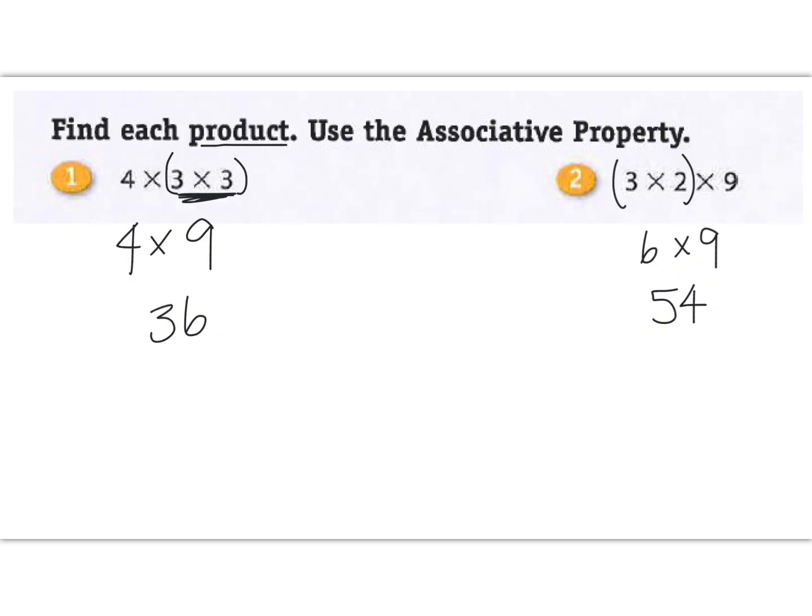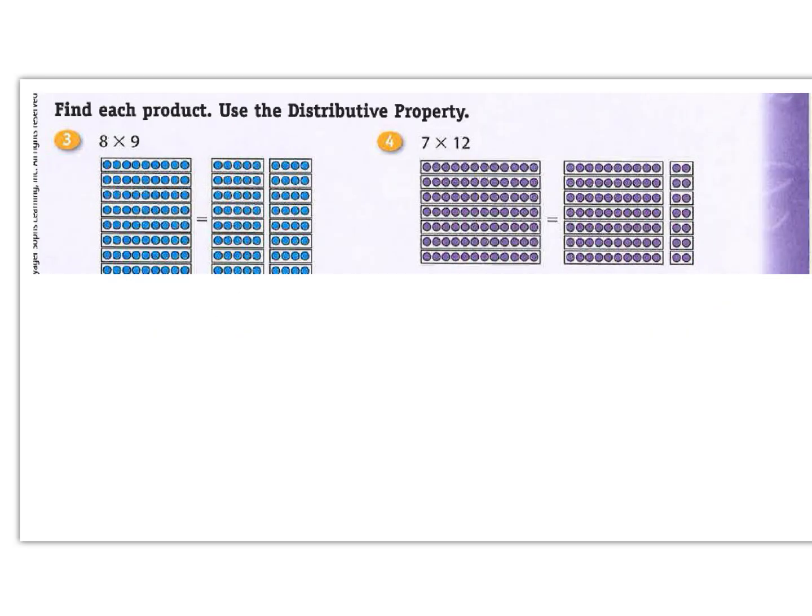Okay, now it says find each product. Use the distributive property. So notice this is 8 groups of 9. But over here, they made these groups of 5 and these groups of 4 because remember, 5 plus 4 is 9. So basically what they're doing is they're doing 8 times 5 plus 4.